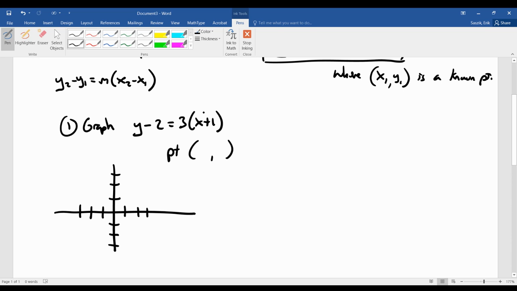In other words, what value of x here will make these parentheses come out to 0? And I hope that you say negative 1, because negative 1 plus 1 is 0. And what value of y would make this come out to 0? It would be 2, of course. 2 minus 2 is 0. So that's the obvious point that's on the line. We go to negative 1 comma 2 right there.